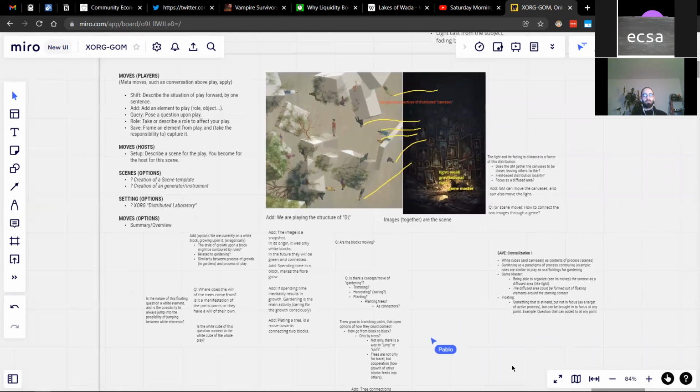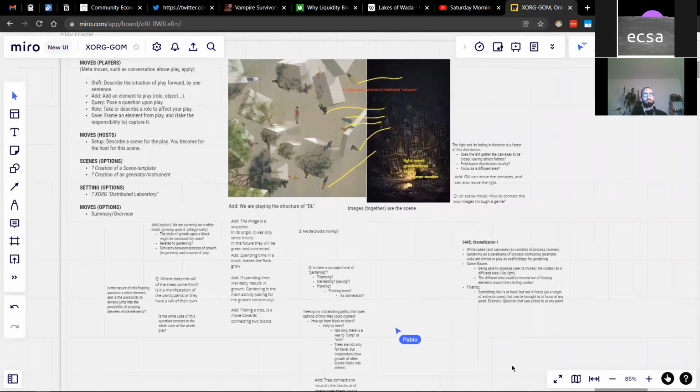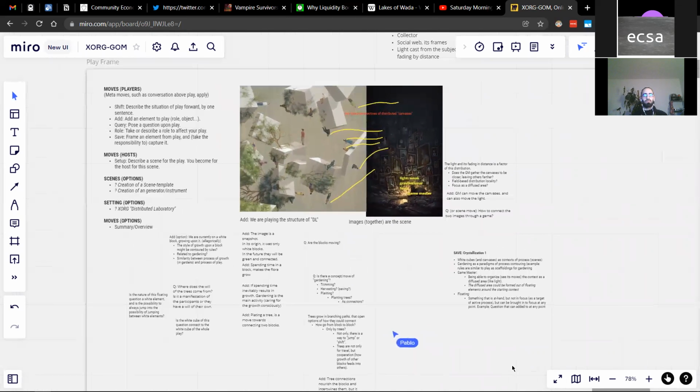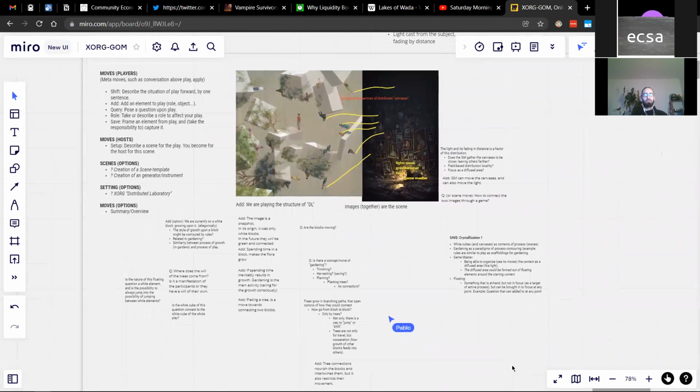In some ways, we're now at the end of the play, having populated this idea somewhat. It's not ready, but that's not even necessary. It can be a method of populating it.